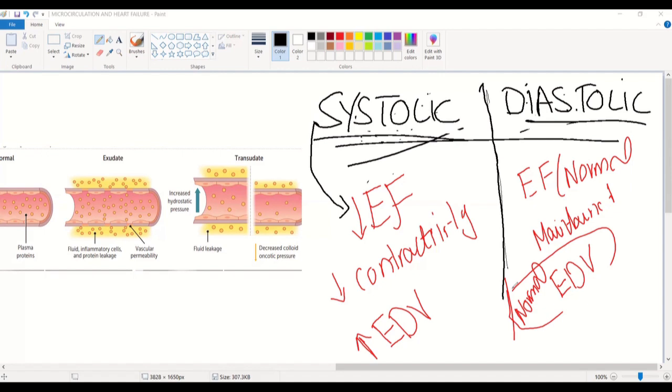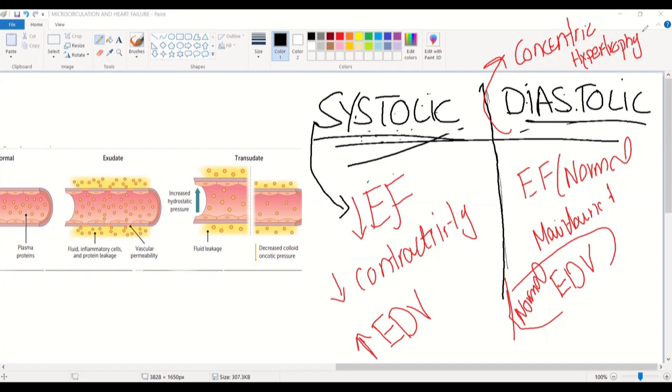No. No, hypertrophic. So in diastolic heart failure, there is concentric hypertrophy, right? Concentric hypertrophy takes place. Concentric hypertrophy means a thickened or stiff ventricle, right?